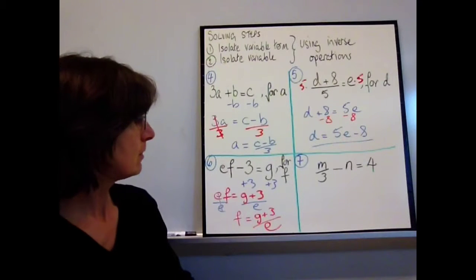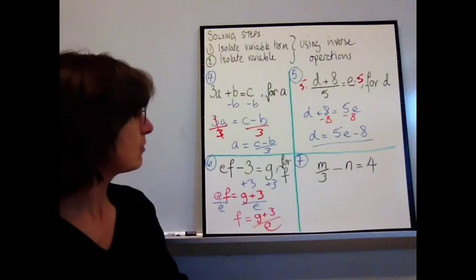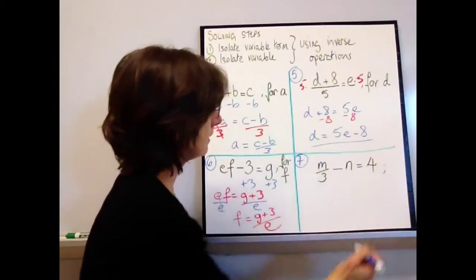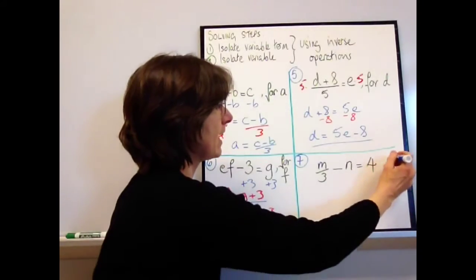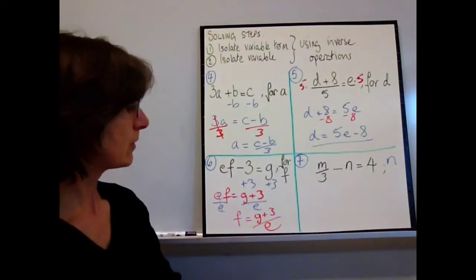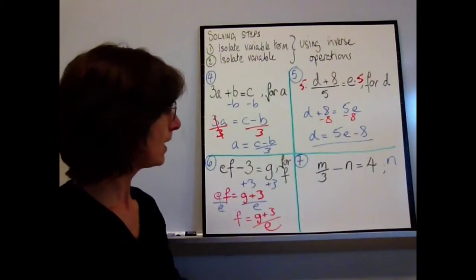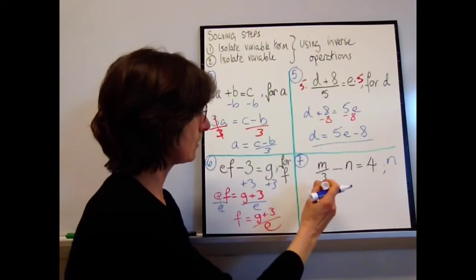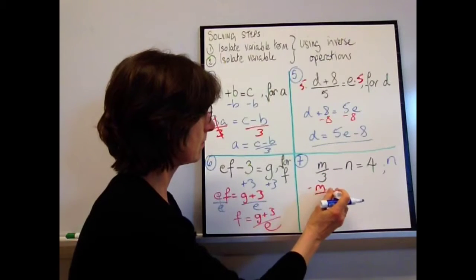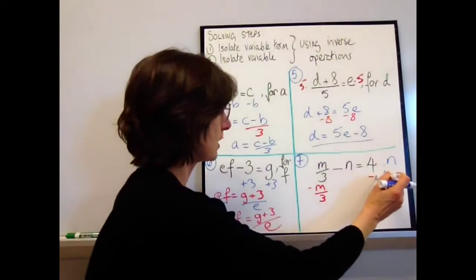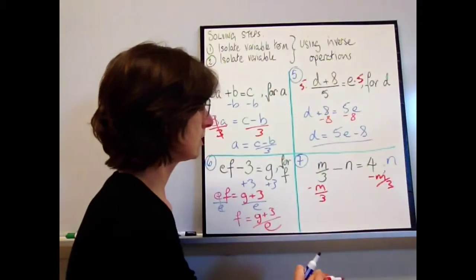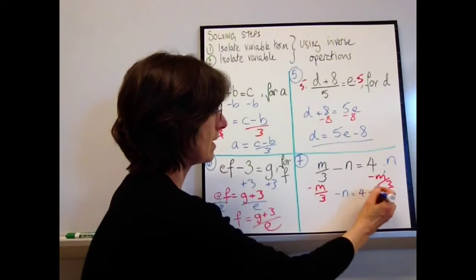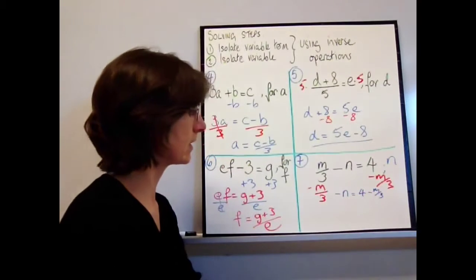Our final example, I haven't indicated what we want to solve it for. What should we solve it for? Let's solve it for n, actually. So we want to get n on its own. First of all, we want to get rid of this. So let's subtract m over 3. So we'll have that negative n equals 4 minus m over 3.